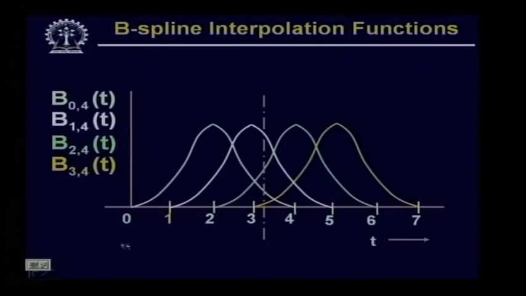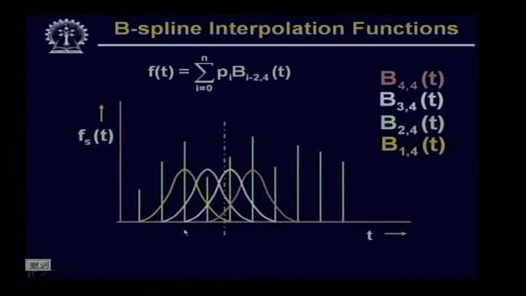So, by using this, similarly for cubic interpolation, I do the corresponding shifting, and by using this, now the interpolation can be obtained, if I go for cubic interpolation, as f t is equal to P I B I minus 2 4 t, where the summation has to be taken from I equal to 0 to I equal to n.